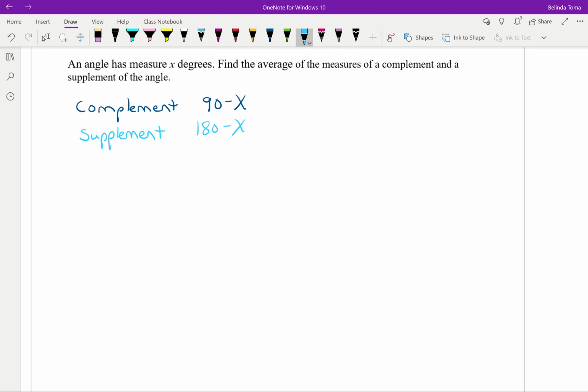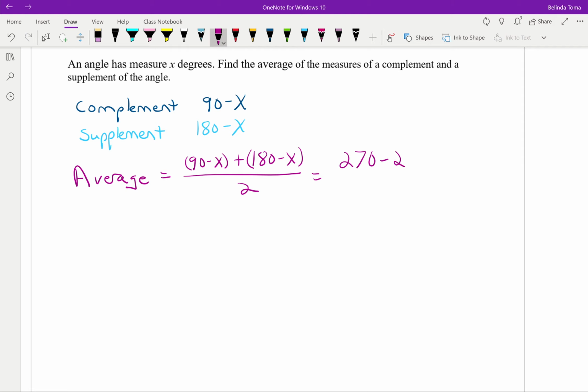If we take the average, we're adding the two together and dividing by 2. So our average of the complement and the supplement would be 90 minus x plus 180 minus x, and divide by 2. So that's going to give us 270 minus 2x over 2.